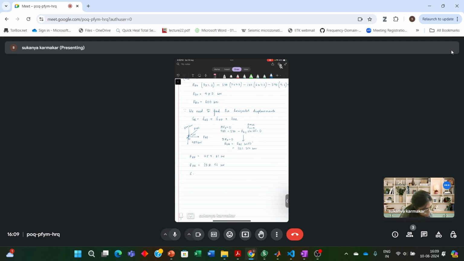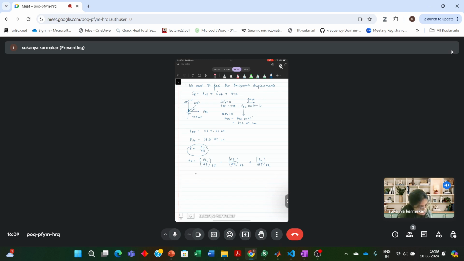So once you have these forces, we know that this derivation was done in the class that when you have an axial member, the deflection is PL by AE. So let's use this fact. So the deflection delta R will be this PL by AE of the member DE plus PL by AE in the member EF plus PL by AE in the member FR.